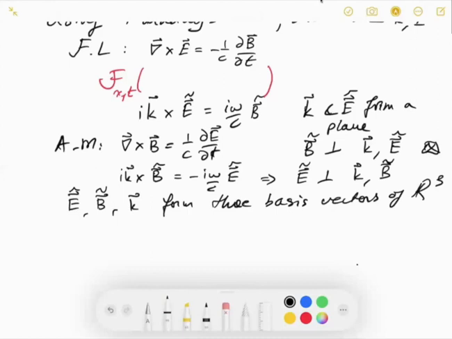In other words, they're perpendicular to each other, and we can get anywhere with these three, provided that the wave actually gets there.